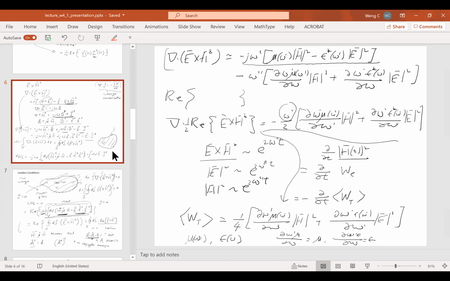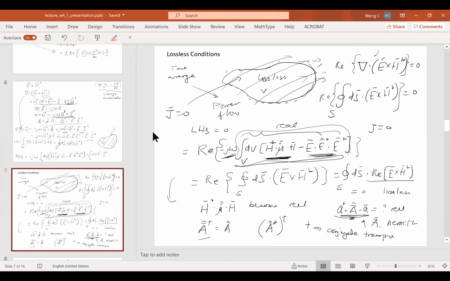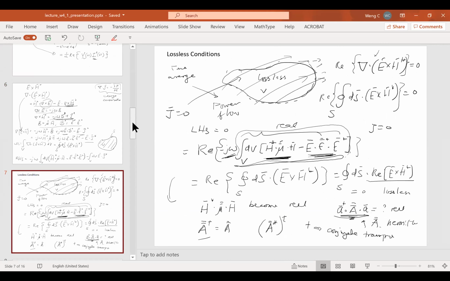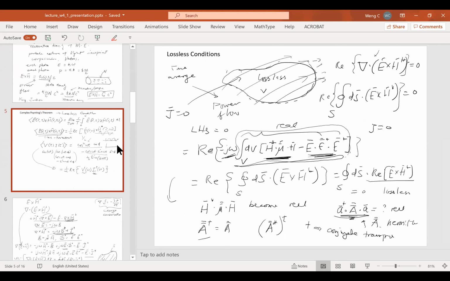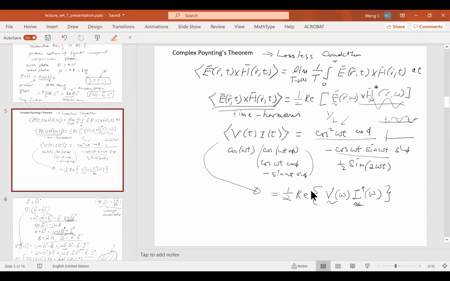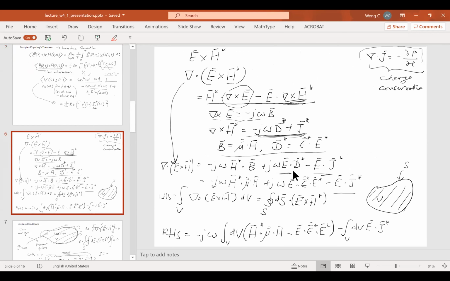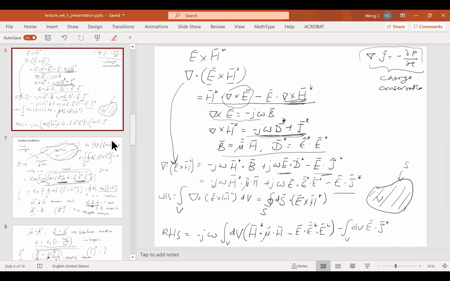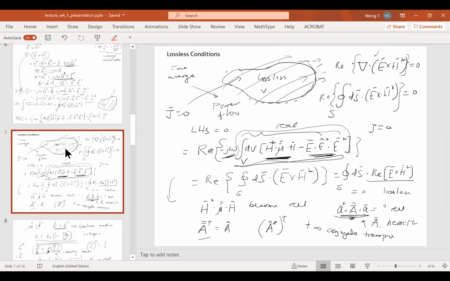if you have a medium that is anisotropic, and if you go through the complex Poynting theorem, which is this one over here, and understand what the real part and the imaginary part of a complex Poynting vector is, you can show that if the medium is lossless, which means that it doesn't dissipate energy, the time average power flow through that medium must integrate to 0 on this surface, which means that this thing in here must be pure imaginary, which means that this has to be pure real.